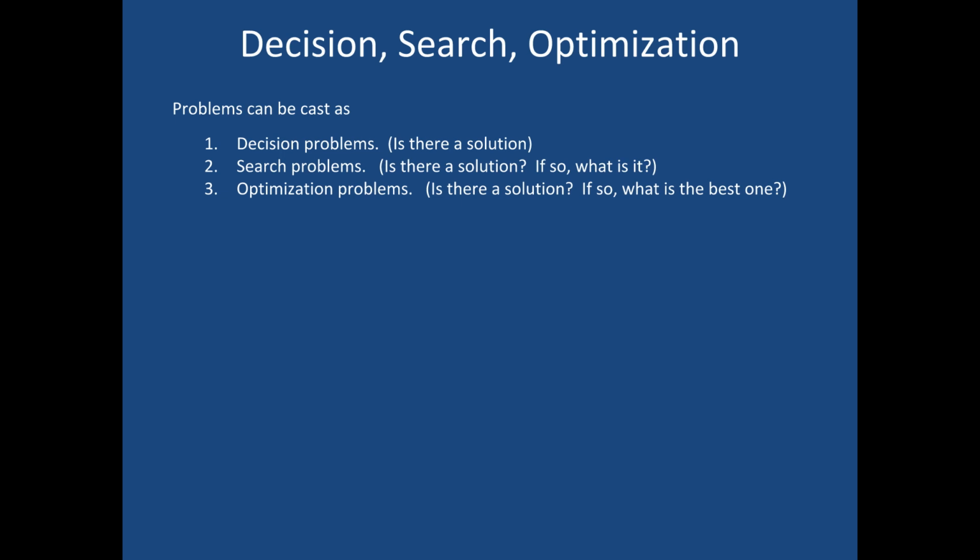Okay, so you probably have a strong intuition that decision problems are easier. Given a particular kind of problem like a Hamiltonian cycle, solving the decision problem ought to be easier than solving the search problem, which ought to be easier than solving the optimization problem. But what I'm going to show you is that in some sense they're equivalent.